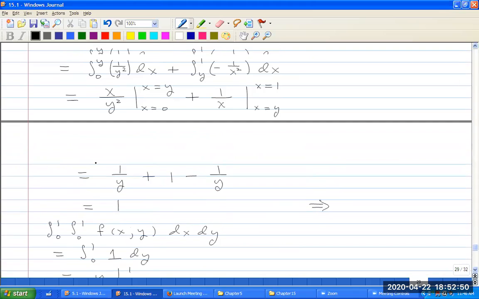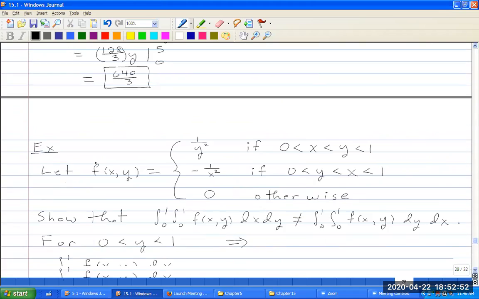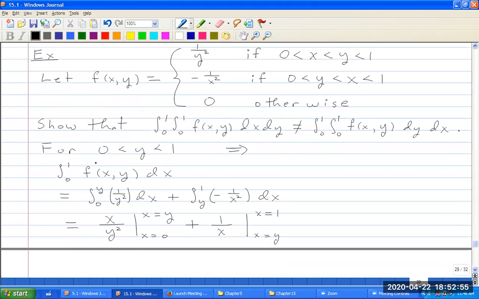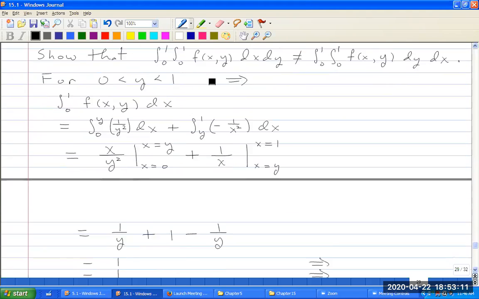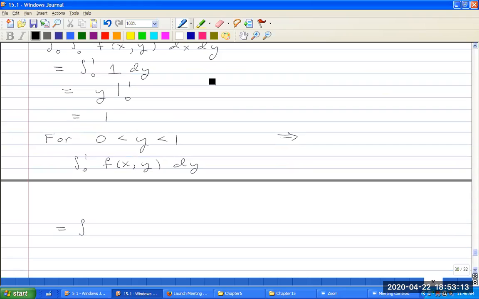So if I look at y, y here goes from 0 to x. Well, when y goes from 0 to x, it's negative 1 over x squared, dy.